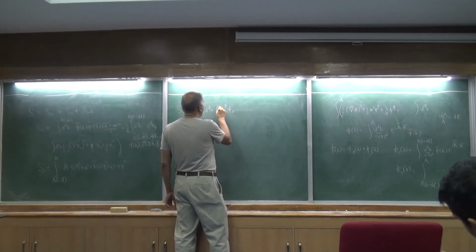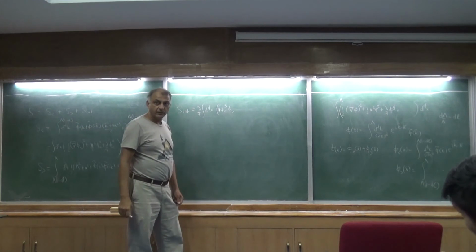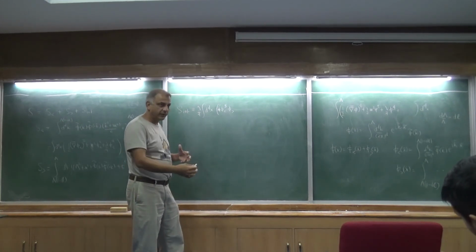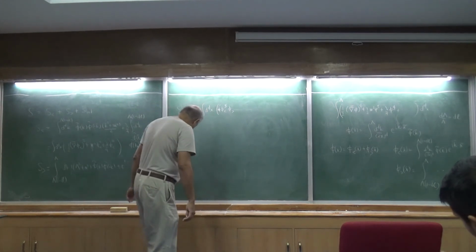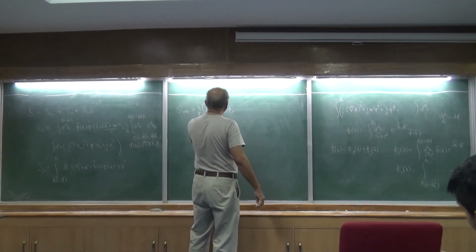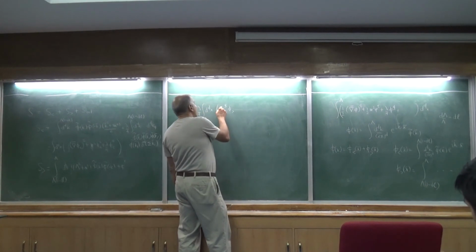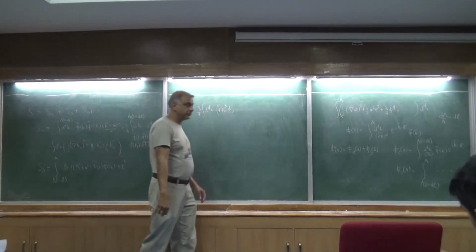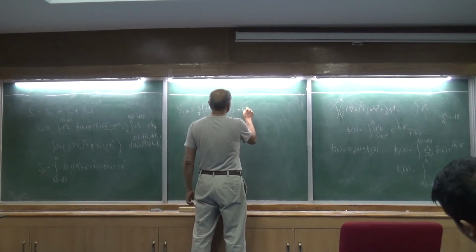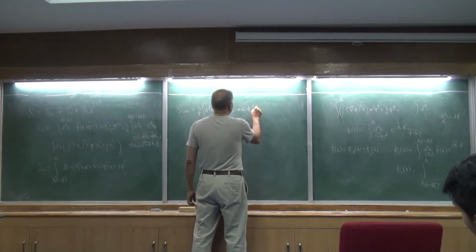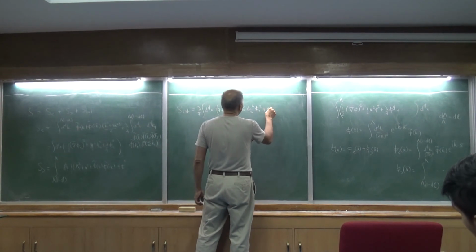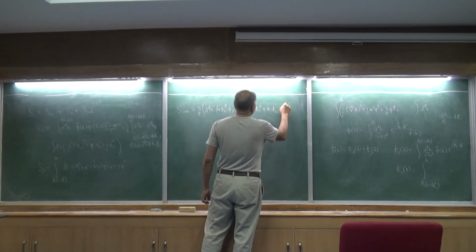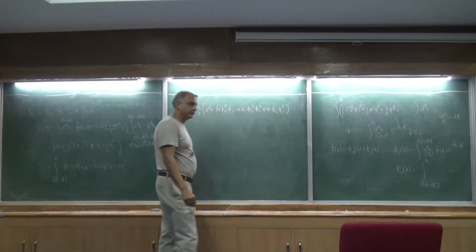There will be 4 of those guys. Because I'm expanding phi less plus phi bigger to the 4th power. I just expanded it out, right? So there's this, then there's 6 times phi less squared, phi bigger squared, plus 4 times phi less, phi bigger cubed. Okay, that'll be the interactions.